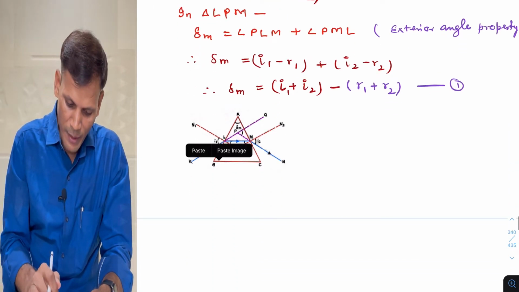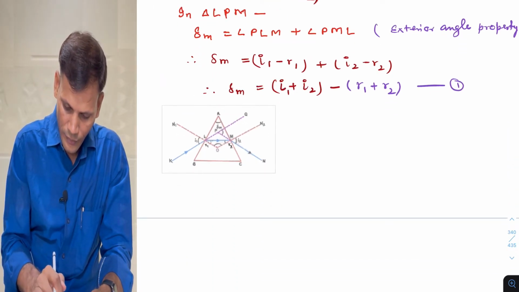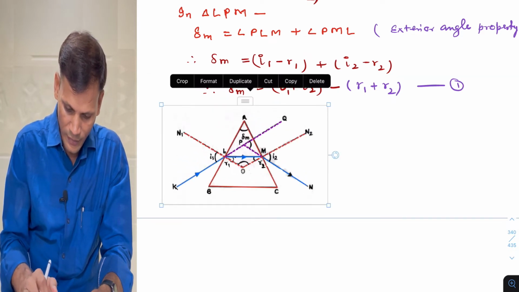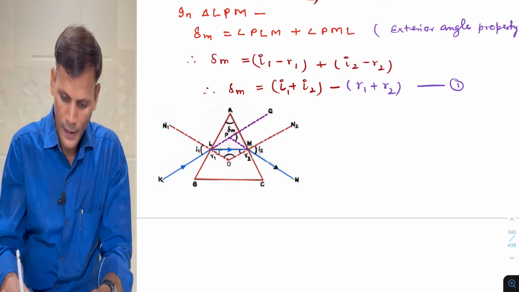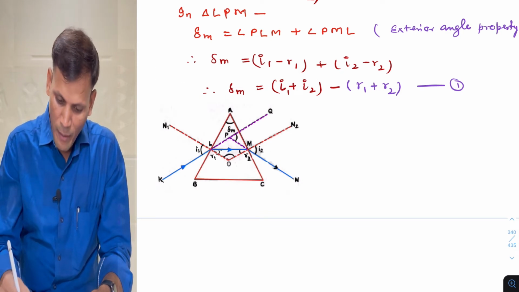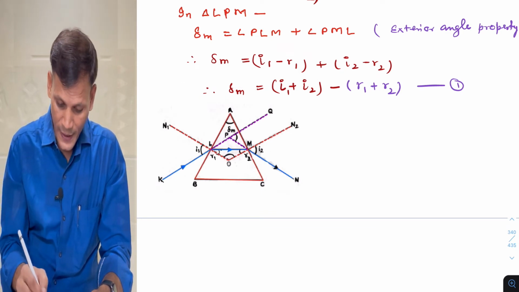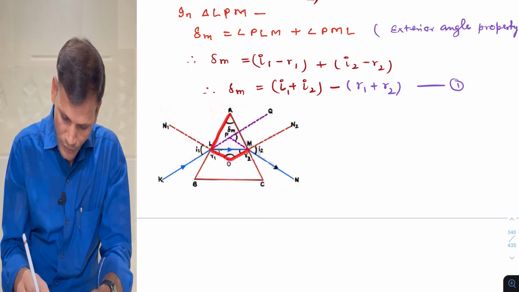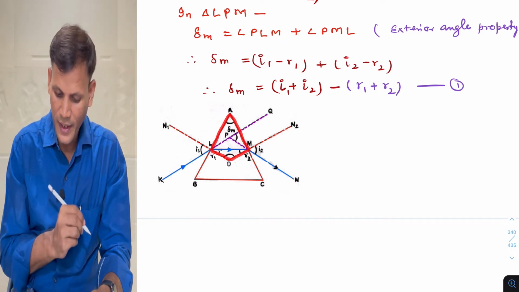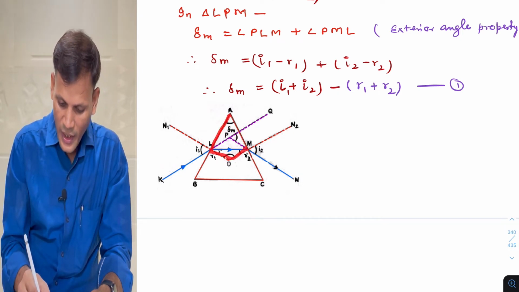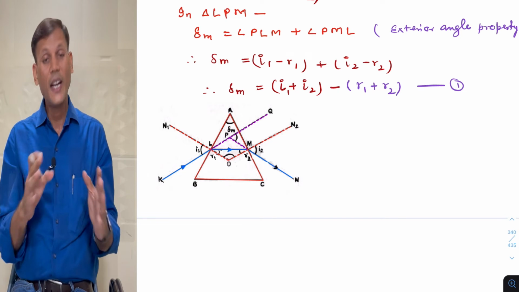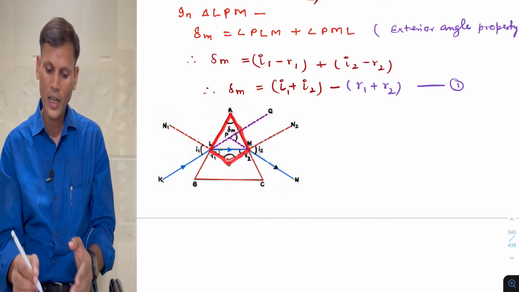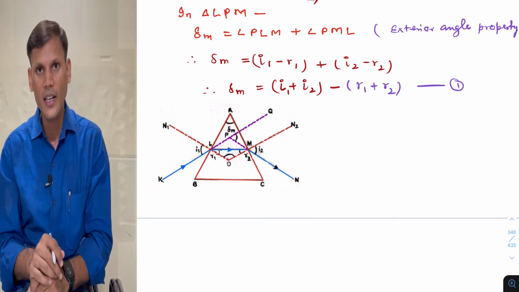Now in the same diagram, sorry, it is a cyclic quadrilateral. Now first thing, why is it a cyclic quadrilateral?